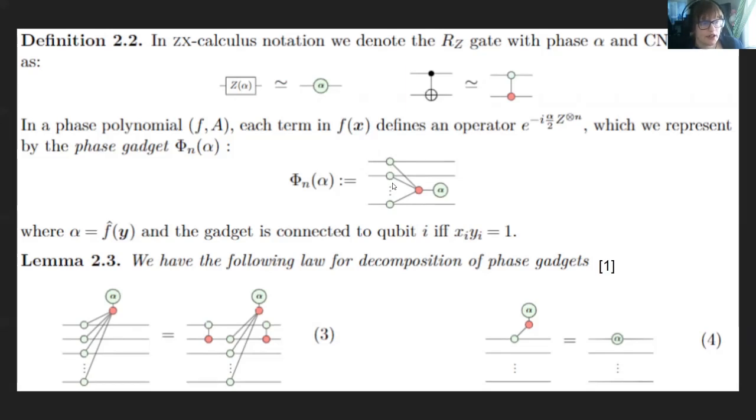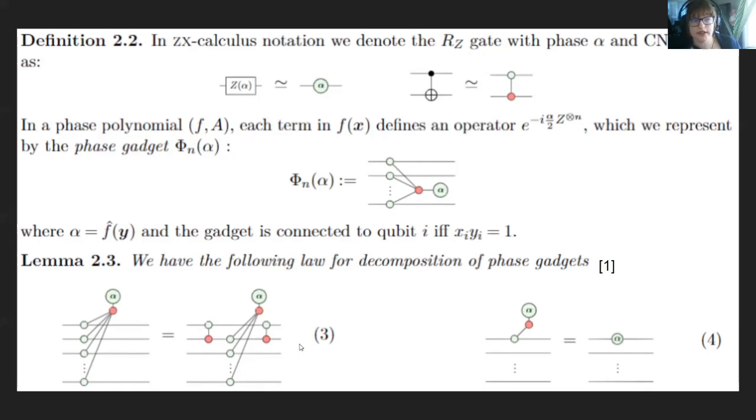So given this notation, we know from Cowtan et al. that we have these rules that explain how you can compose and decompose these phase gadgets. So on the left here, it shows how you can remove a green spider from a phase gadget by placing a CNOT on either side.